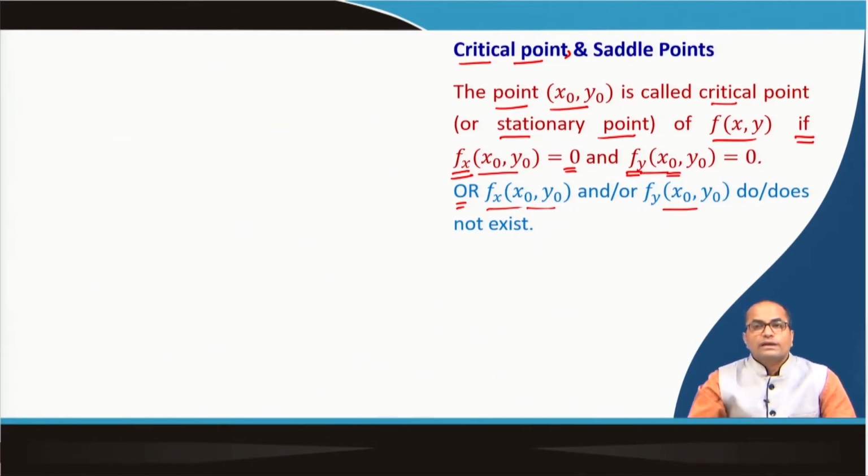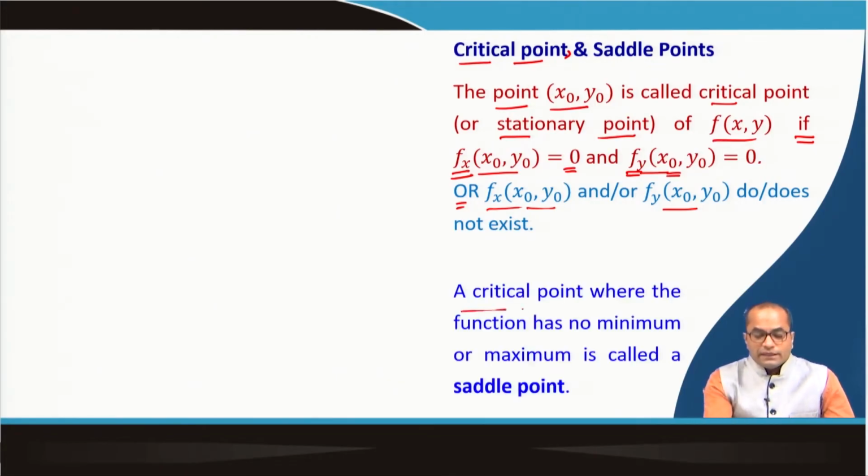We have to also collect those points, because it may happen that at that point we have a local maximum or minimum. Well, and a critical point where the function has no minimum or maximum is called a saddle point. So, that also will be discussed a little later.